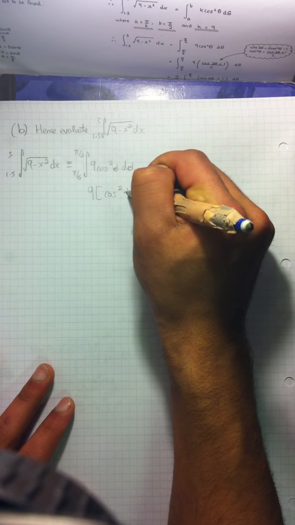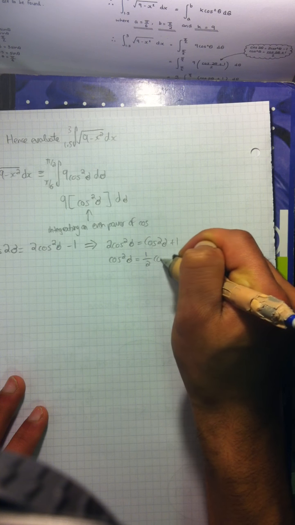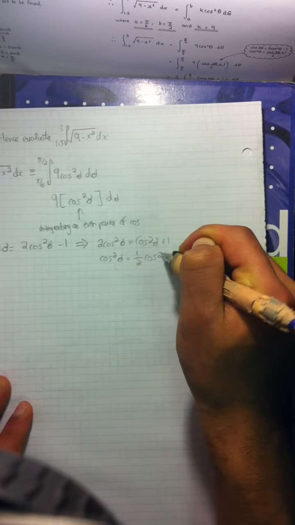Now using the double angle formula, cos 2 theta equals 2 cos squared theta minus 1, I can rearrange that now to make 2 cos squared theta equals cos 2 theta plus 1. So cos squared theta equals a half of cos 2 theta plus 1.